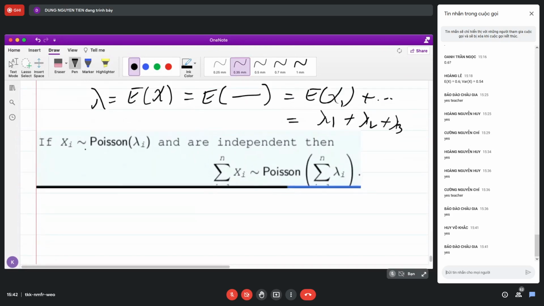Therefore, you have the following result. If xi follows a Poisson distribution with parameter lambda i, and they are independent, then the sum of xi follows a Poisson distribution with the parameter lambda equal to the sum of lambda i.